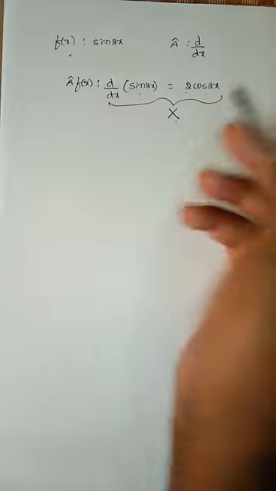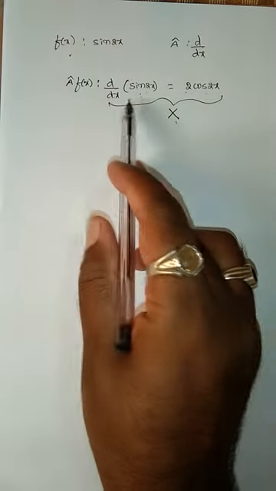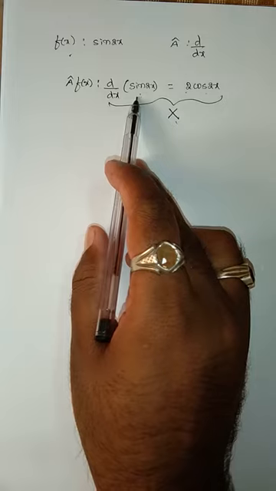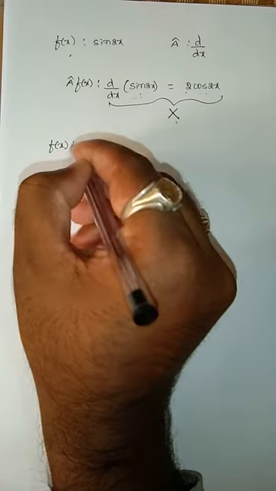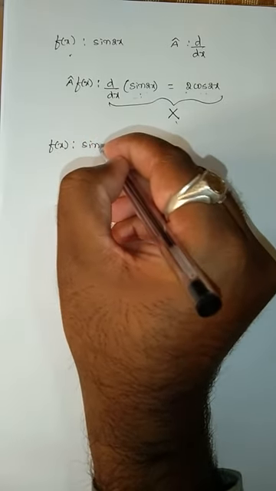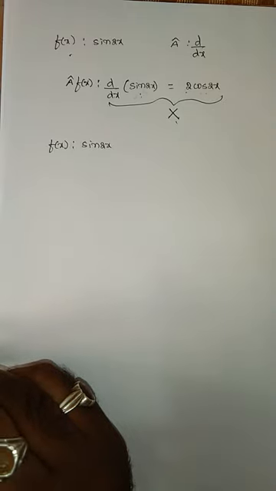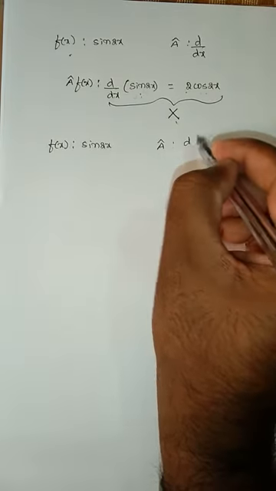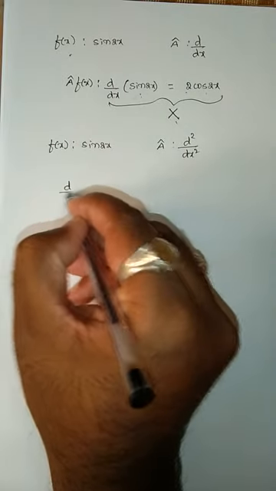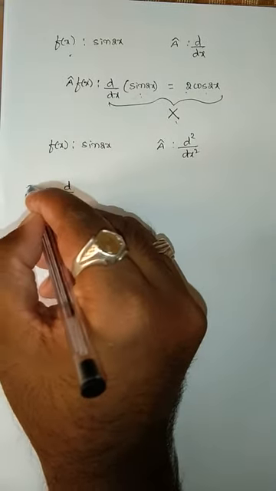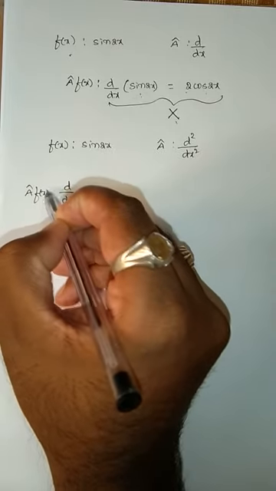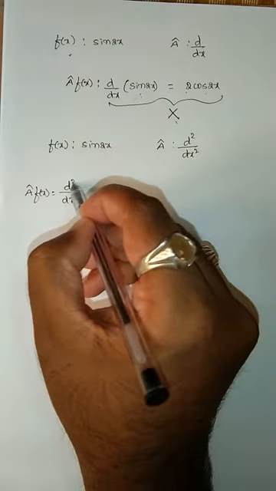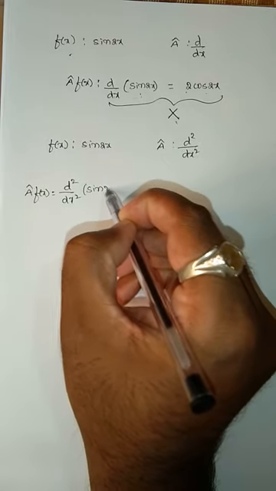This is the way we can find out whether a function can be considered an eigenfunction or not. Suppose I consider f of x equal to sine 2x once again, and the operator A cap is d square by dx square. A cap of f of x is d square by dx square of sine 2x.